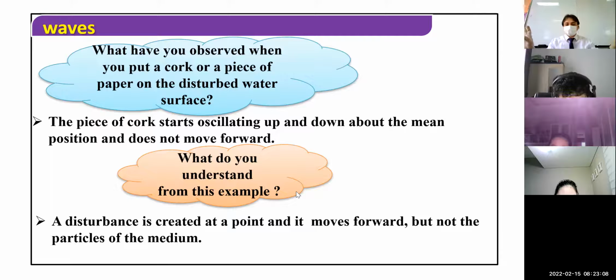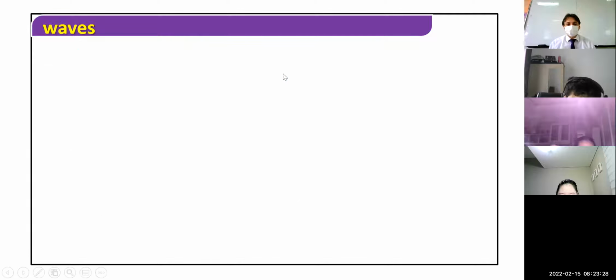Water is not moving anywhere. Only the disturbance and the energy are moving from one position to another position. The water remains there. The water is not crossing the pond. It remains in its territory. Only the energy is moving. Disturbances are moving. Matter is not moving.